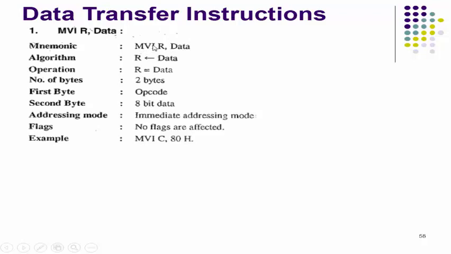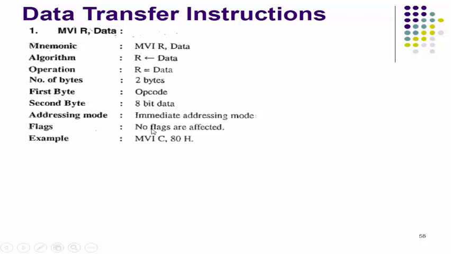Wherever you find the capital letter I, it indicates an immediate copying instruction. So the first byte is the opcode and the second byte is the 8-bit immediate data. The size of the instruction is 2 bytes. As the immediate data is part of the instruction, the addressing mode is immediate addressing mode.